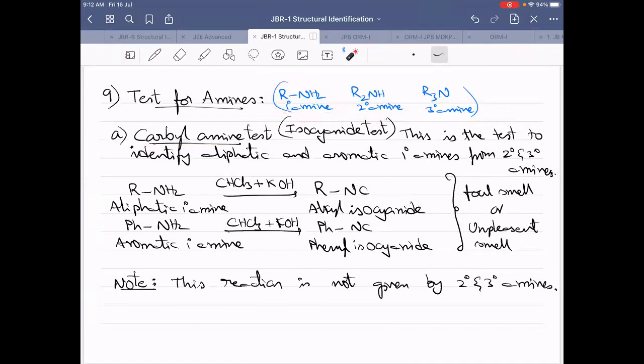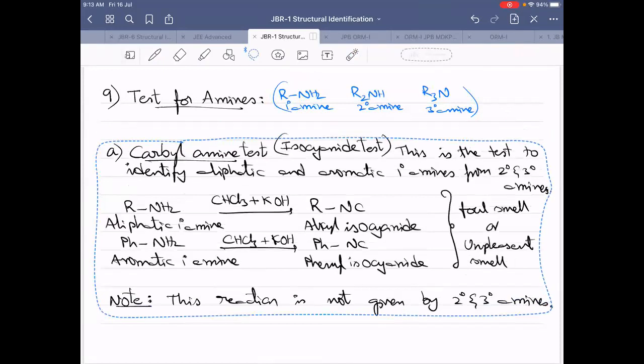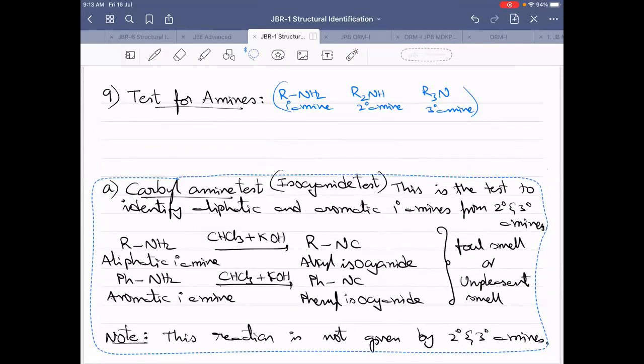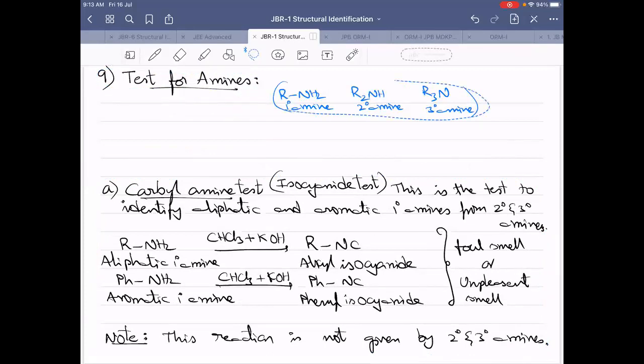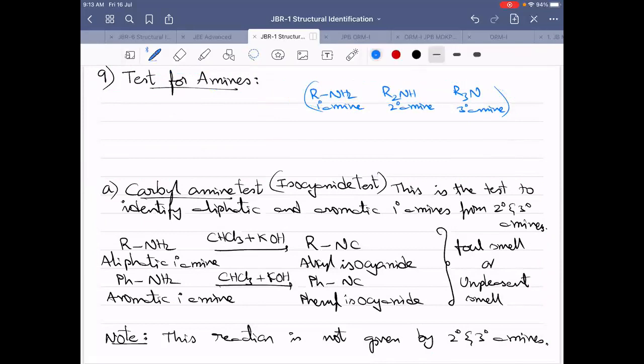Okay, na? So this is a test, and one more thing, I will give you more clarity. Amines are of two types. First of all, aliphatic amines. These are all aliphatic amines.